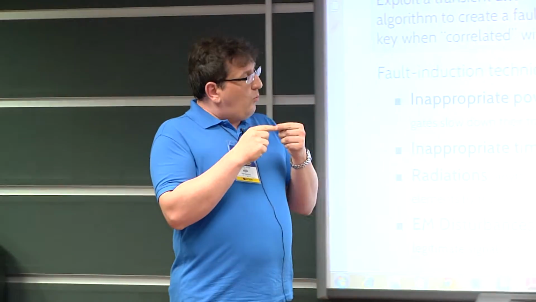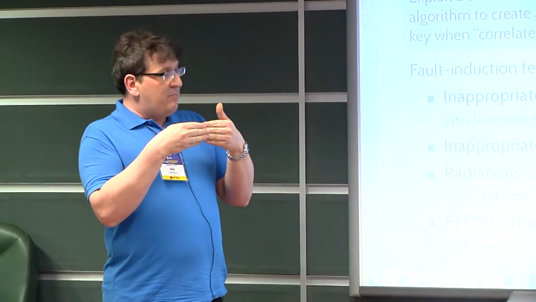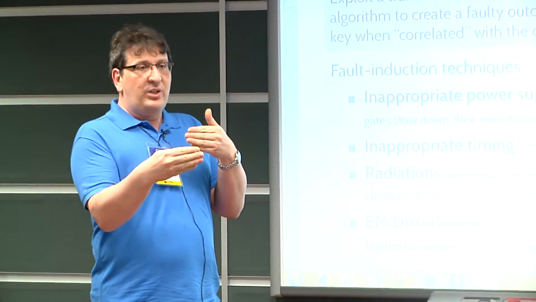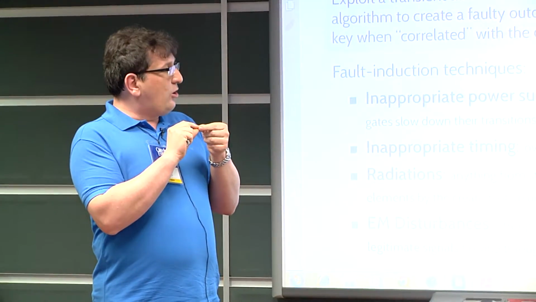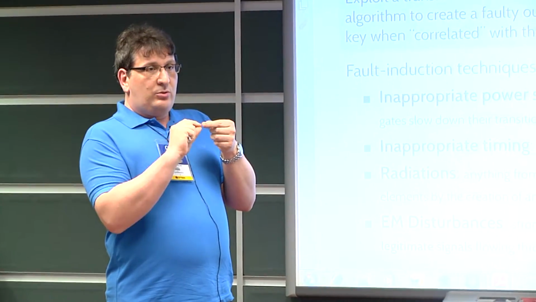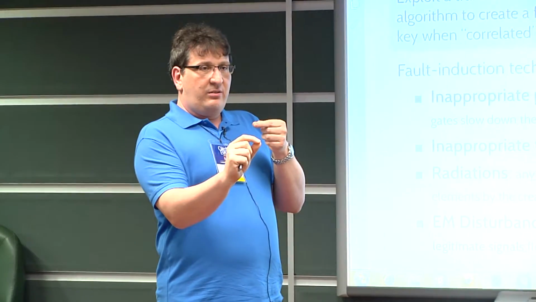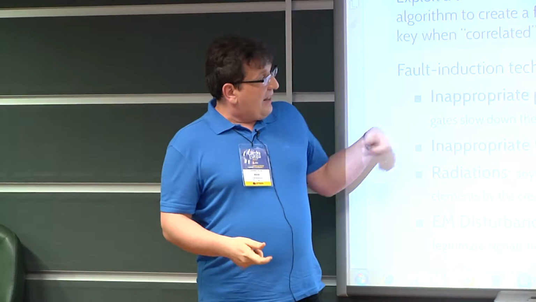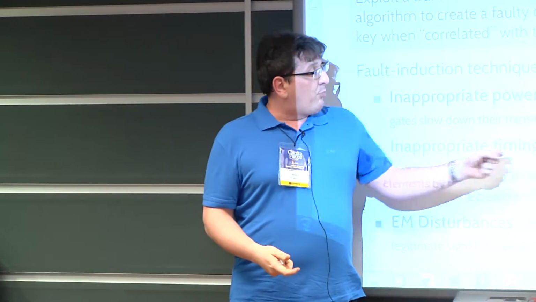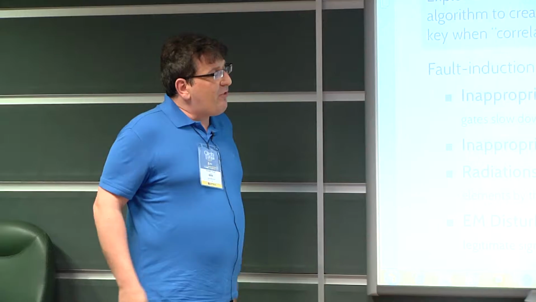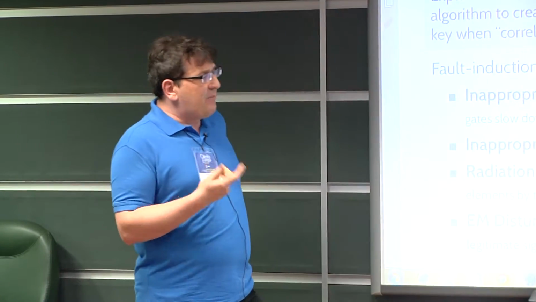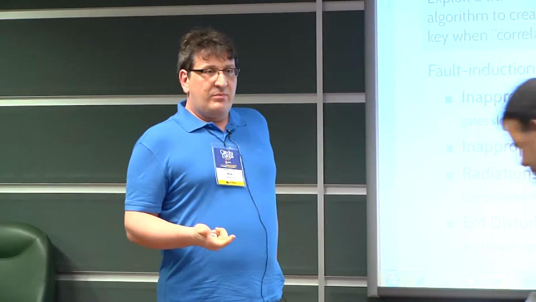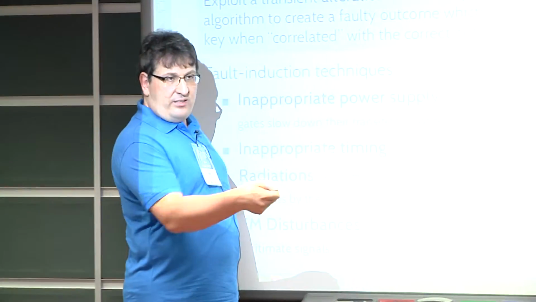So when some values must be stored into a register, the correct value is not stored properly into the register because the signal is not fast enough to reach the register. Yes, okay. Another fault induction technique is inappropriate timing. Most of the embedded devices are clocked externally, so you must supply the clock signal.